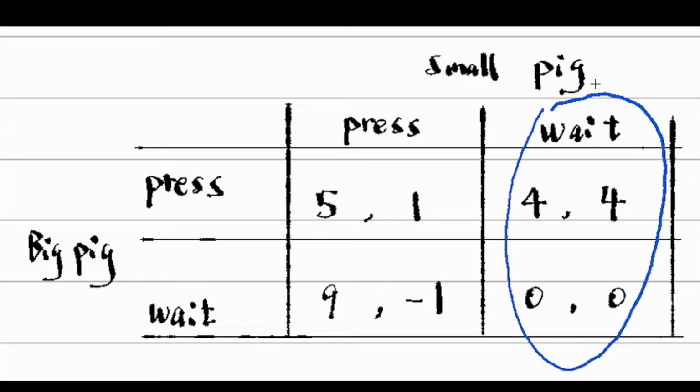Next, we determine what the big pig will choose. The big pig knows for sure that the small pig will 100% choose to wait regardless of her choice.